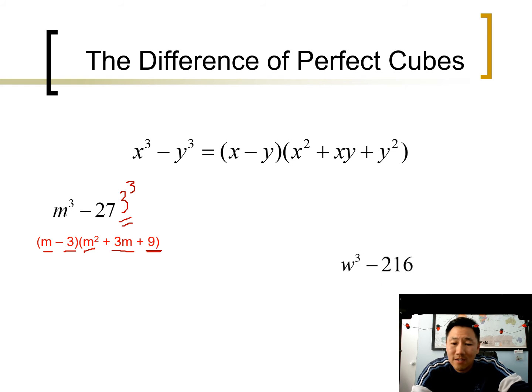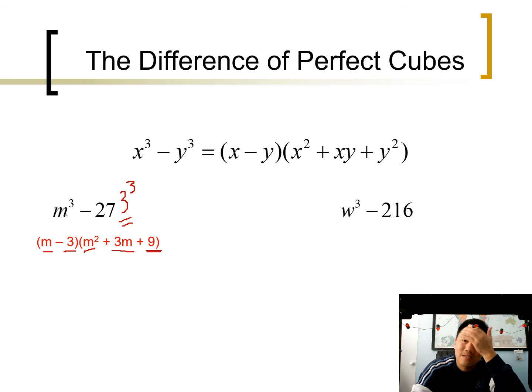Let's do another one. How about w cubed minus 216? 216, what is that a perfect cube of? I think it's 4 times 4 times 4. Let's check. 4 times 4 times 4. It is 64, so it is not 4.